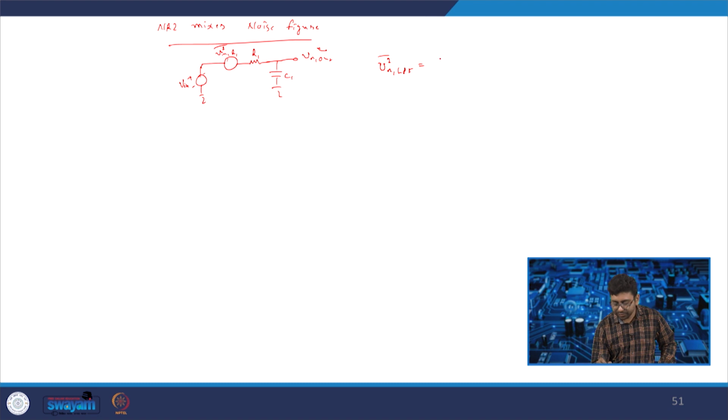It is given by Vn R1 square mean square into 1 by 1 plus R1 into C of the switch square.